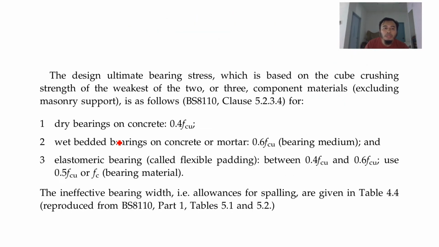So how do we solve it? The design ultimate bearing stress is based on the cube crushing strength of the weakest of the two or three component materials. In this case we have two. For dry bearings, your design ultimate bearing stress is 40% of the weakest of the two cube crushing strengths, so the weakest will be 40.